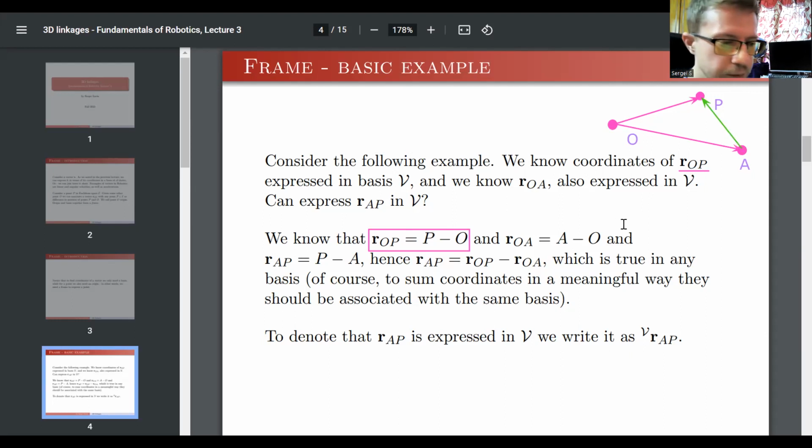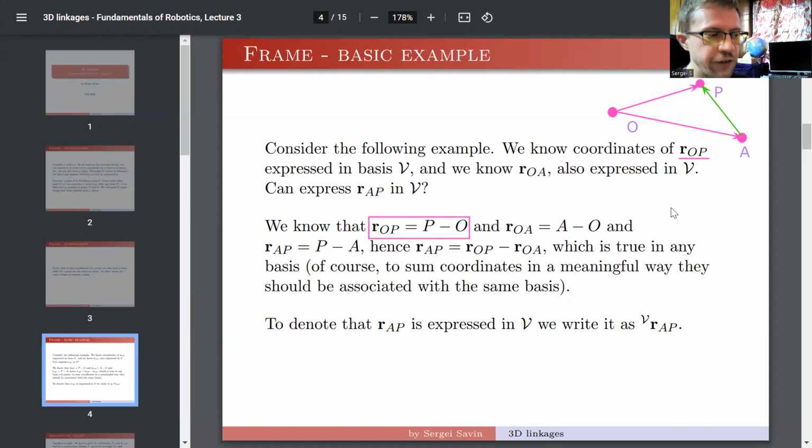So find a vector that points at P from point A. Sounds like a problem for, I don't know, first grade in college. Sounds easy. Let's try to see if we can solve it.